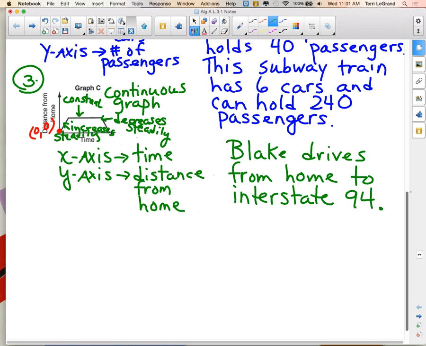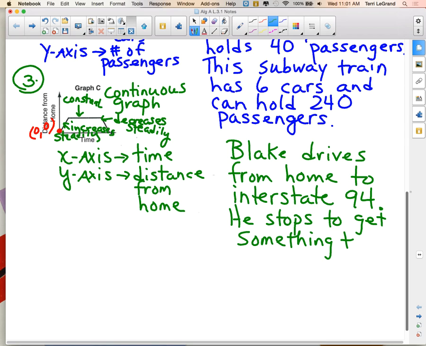Somewhere on Interstate 94, there's something to eat. In other words, he's not putting any more miles on, but time is still going on. So time is going on, but the distance is not getting any more or any less, right?